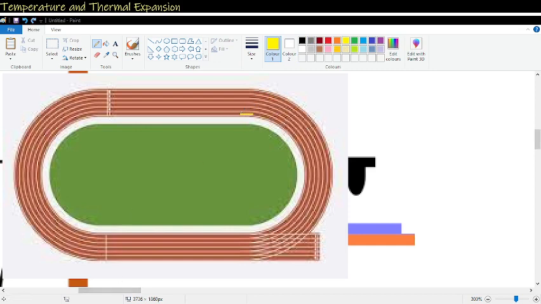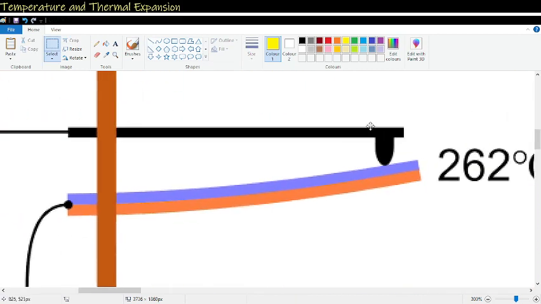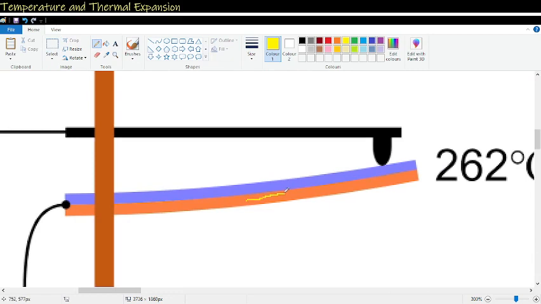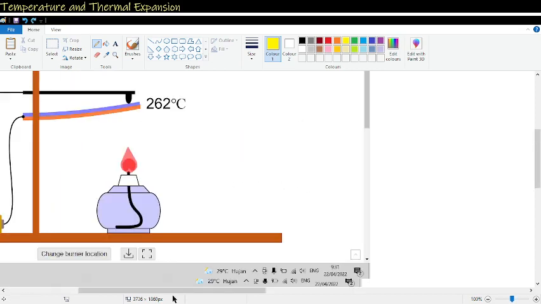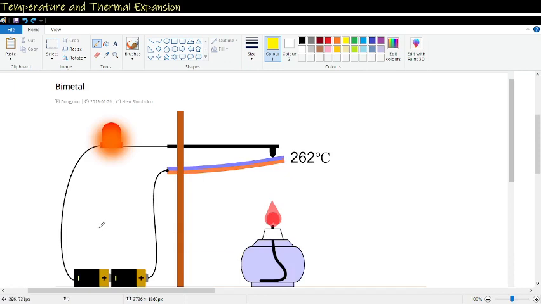It is the same thing in the simulation: the red one is like the outside in the running track. It has a longer distance, so we can conclude that the red one has a bigger expansion and bigger CTE.